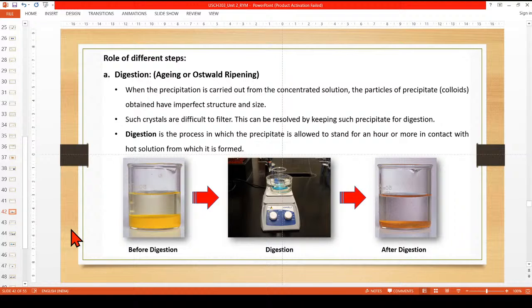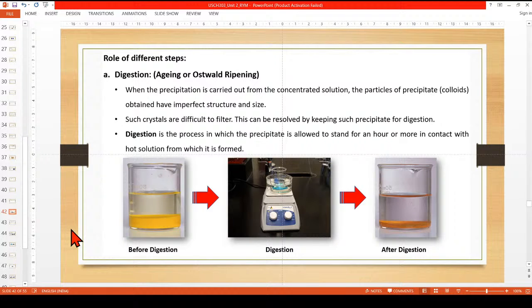Digestion is the process of making big crystals out of small crystals. तो छोटे छोटे न्यूक्लियाई जो फॉर्म हो गए उनका proper growth करना is your process of aging or digestion, and it is based on Ostwald's ripening law. Ostwald's ripening law is what? Crystals dissolve and redeposit on the surface of big crystals.